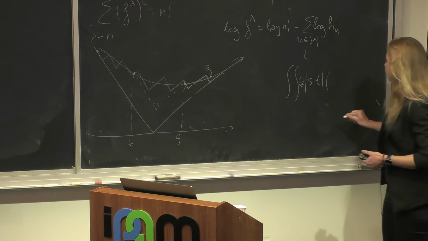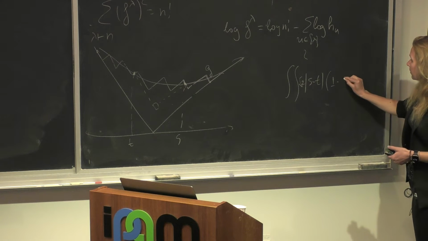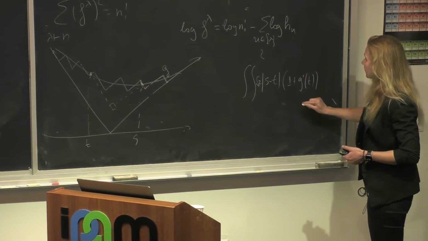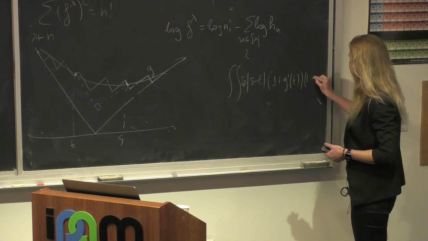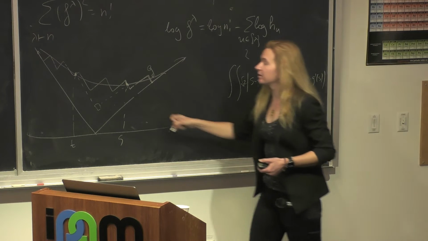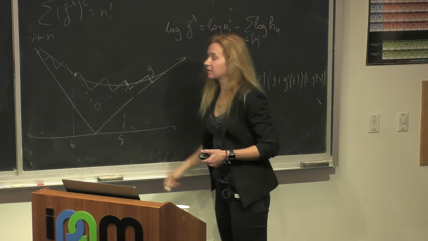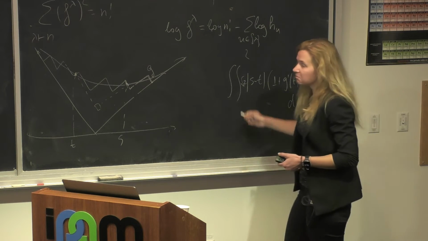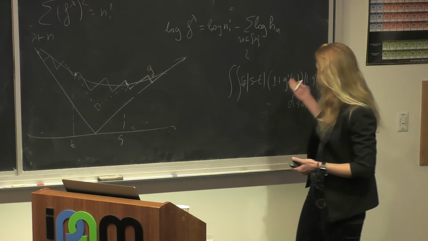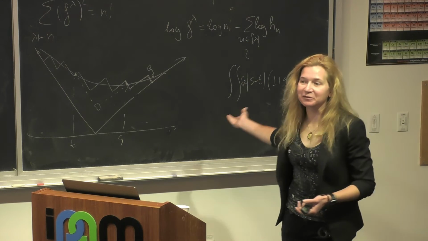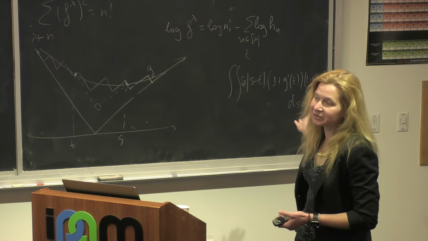So (1 minus g prime of t) plus (1 minus g prime of s) is going to be non-zero exactly when we have a situation like this. And then we have ds dt, and so we can solve a calculus of variations problem to find the minimizer of this function.